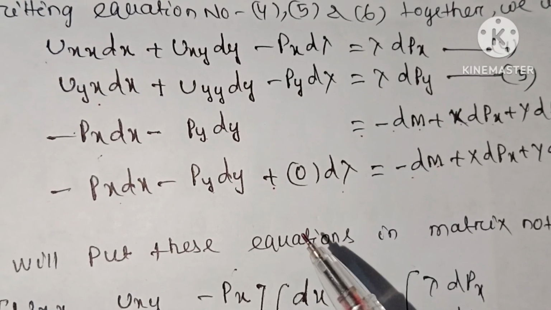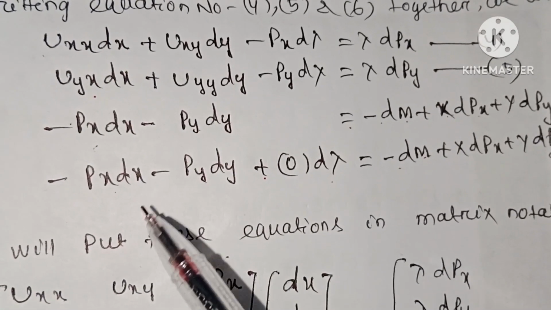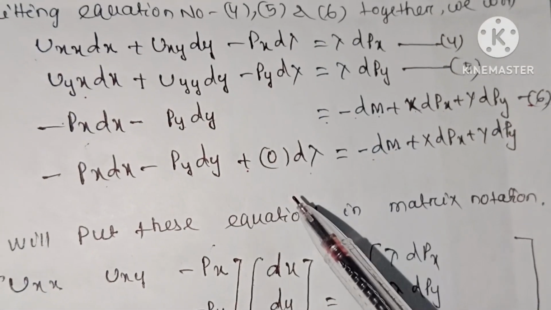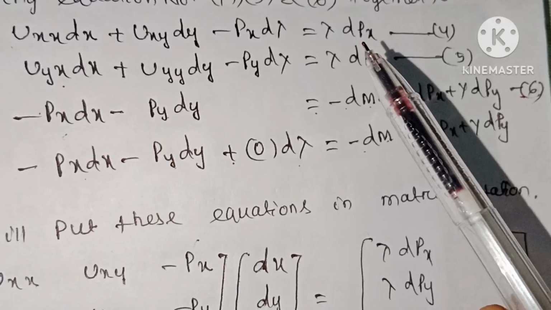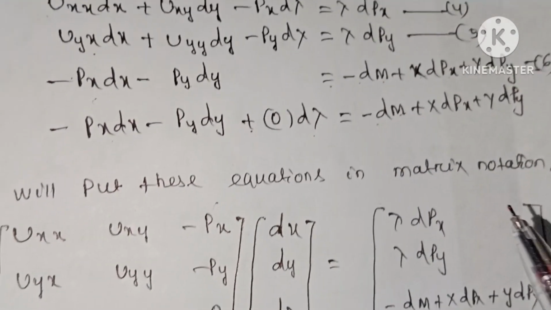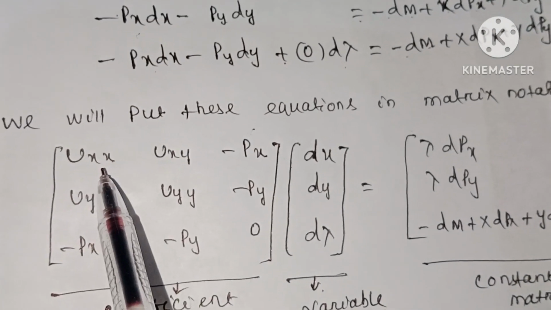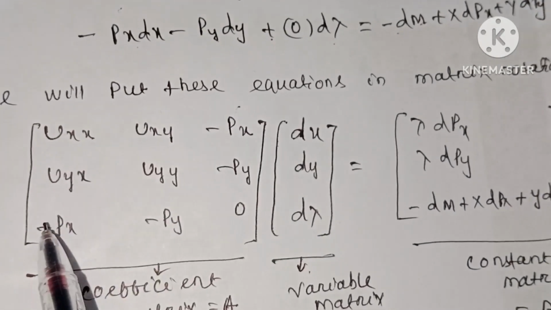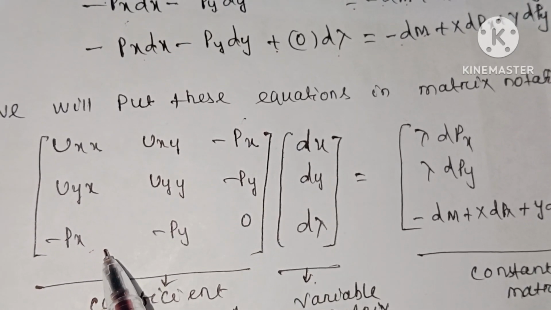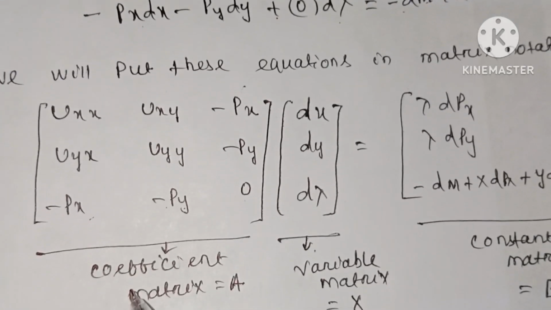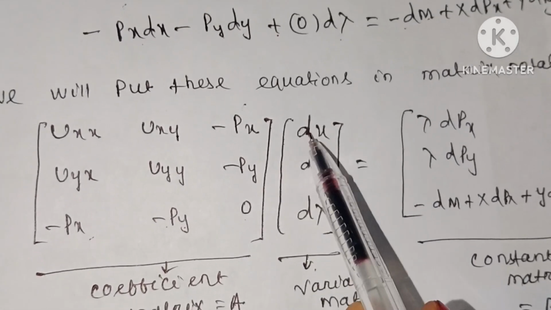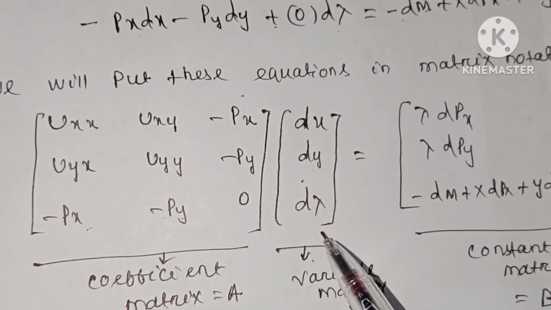So now we will write the coefficients of the variable dx, the variable dy and the variable d lambda, and the constants on one side. We put these equations in matrix notation as uxx, uxy, minus px; uyx, uyy, minus py; minus px, minus py, 0, which is nothing but the coefficient matrix, denoted by A, multiplied by dx, dy, d lambda.